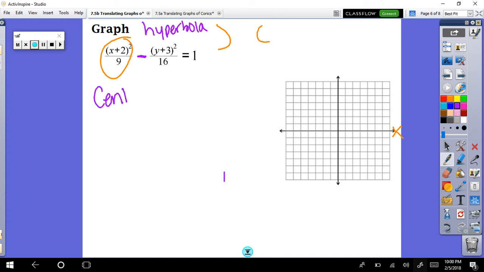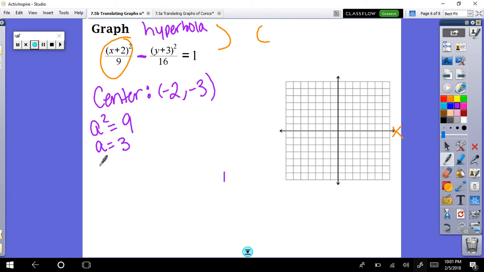Our center will be the point (h, k), which h comes with the x, so -2, and then k comes with the y, so -3. And I'm going to find my a squared value will be 9, my a then will be 3.